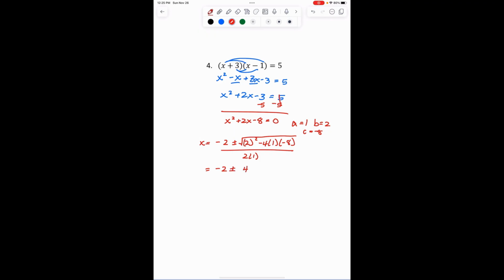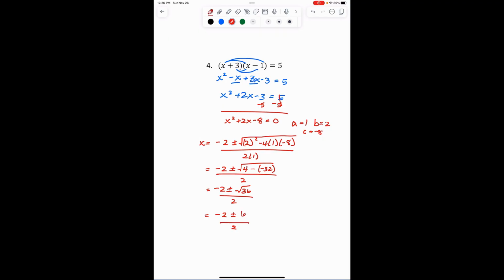So that would be 4 minus 4 times 1 is 4. 4 times negative 8 is negative 32, all over 2. So 4 minus negative 32 would be 4 plus 32, which is 36 all over 2. So negative 2 plus or minus, 36 is a perfect square, so that's actually just 6 over 2.